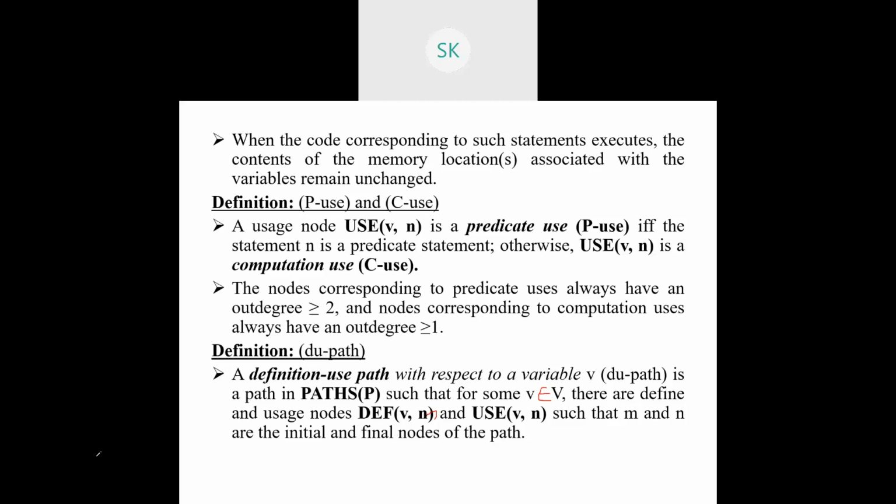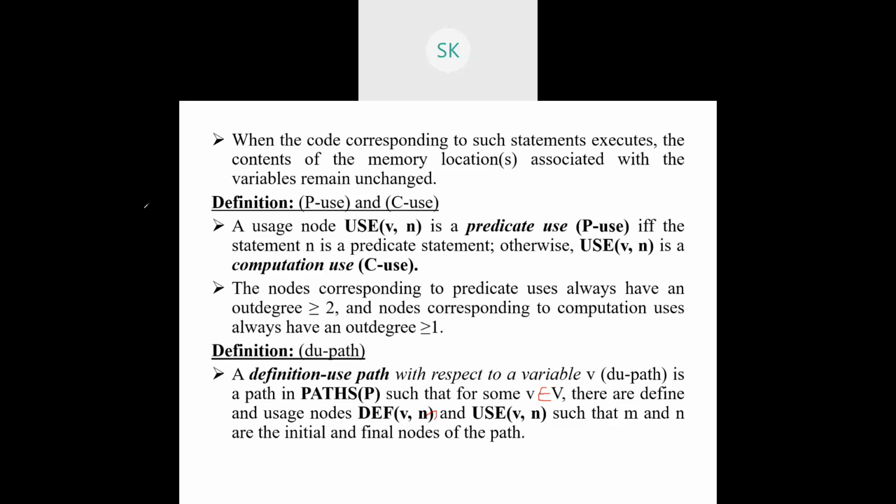So your DU path is a path existing in the path that you are considering, which we analyze with respect to path testing, whatever paths we identify from the program graph. It should take one such path. Depending on the variable, from where it has been defined till where it has been used, you go through that path, till the last node where it is used.